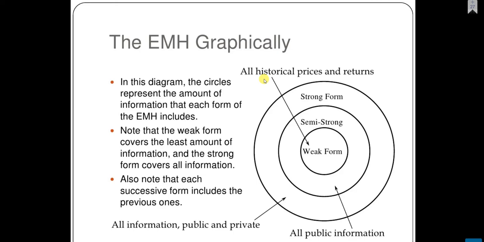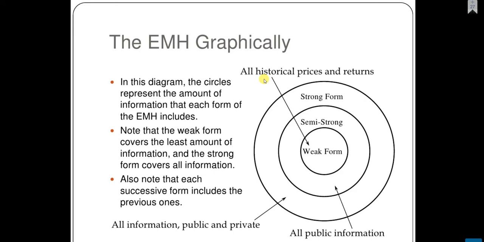In this diagram the circles represent the amount of information that each form of the EMH includes. Note that the weak form covers the least amount of information and the strong form covers all information.